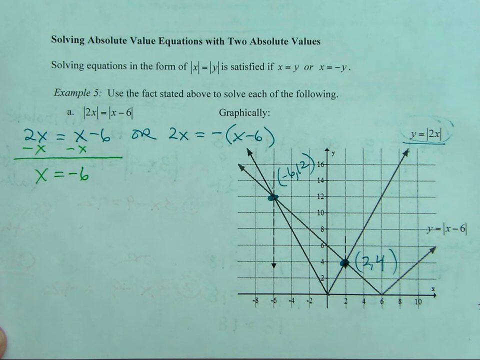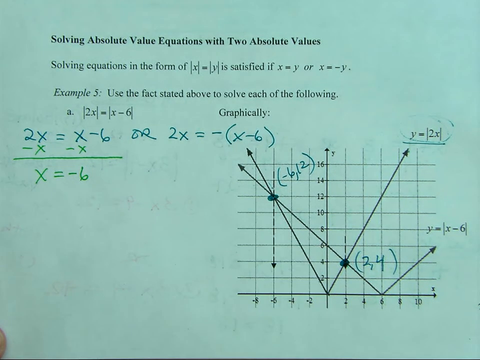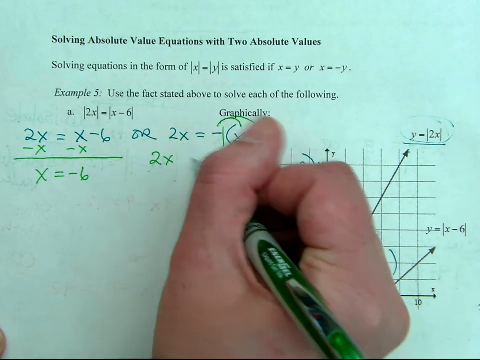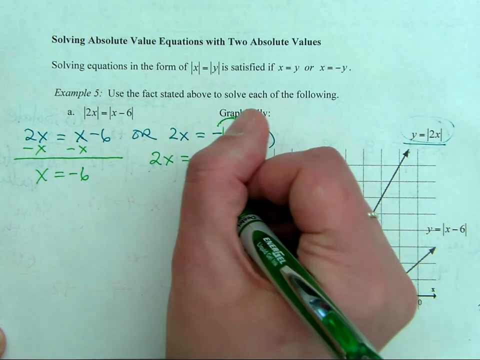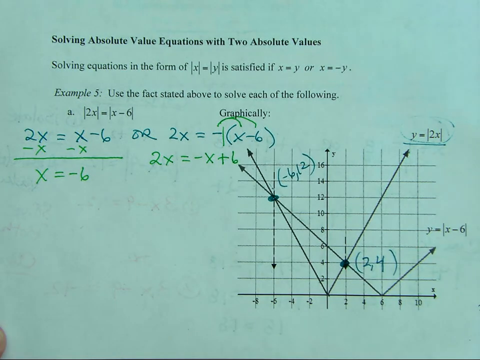For this one, if I want to make that whole side negative, what would I need to do with that negative sign out in front? Distribute. So I get 2x equals negative x plus 6. Do you see how I changed the signs of all of that? Now, what should I do to solve for x?